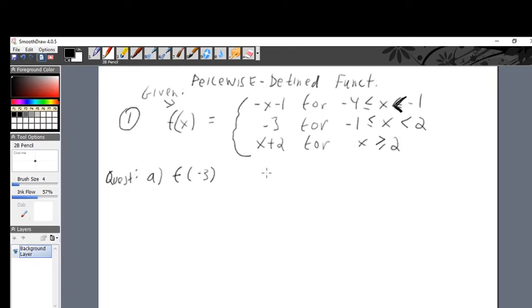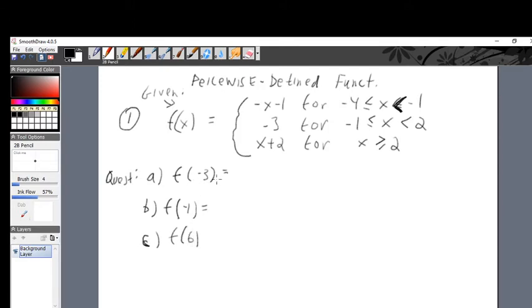The next question is B. What is f of negative 1? And C. What is f of 6?